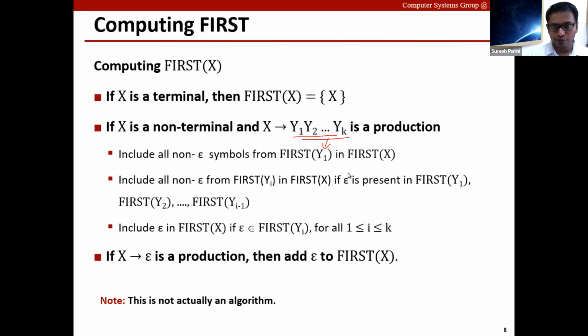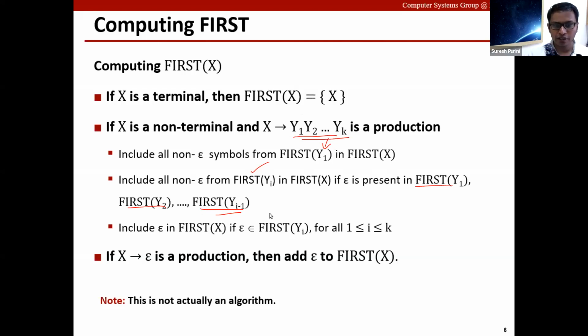And if epsilon is present in first of y1, then we consider y2. Similarly, if epsilon is present in first of y1, first of y2, up to first of y(i-1), then we consider first of yi.